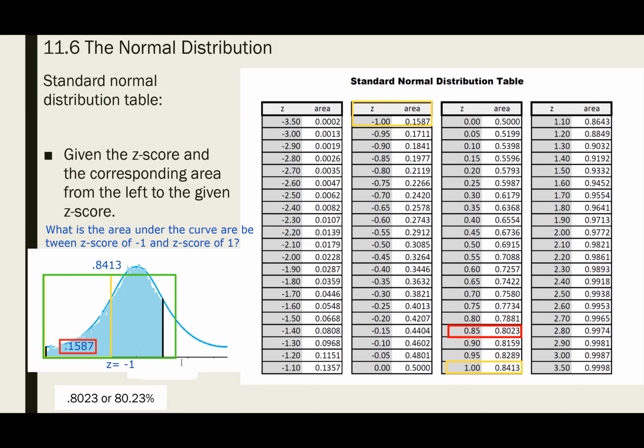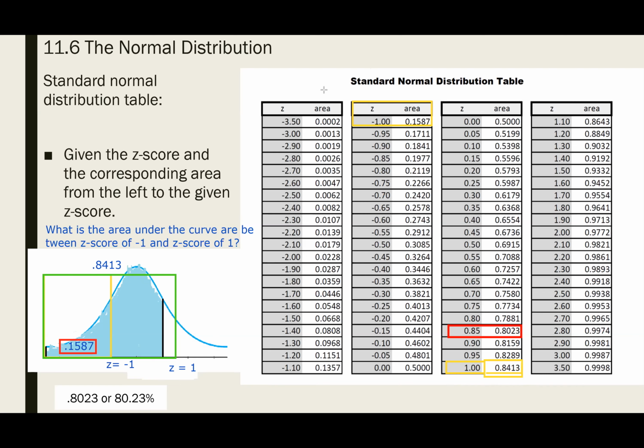So everybody see that the green item is from here, from the left-hand side, all the way to 1, is equal to this number that I have, 0.81, not 81, 0.8413. Right, those are my green box.